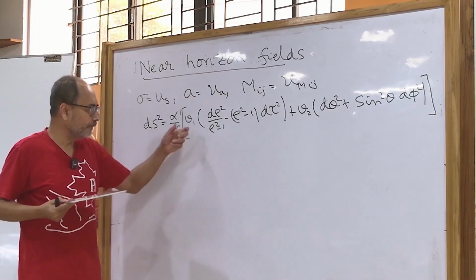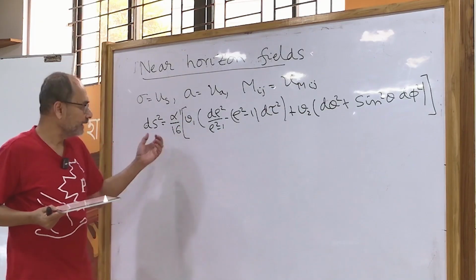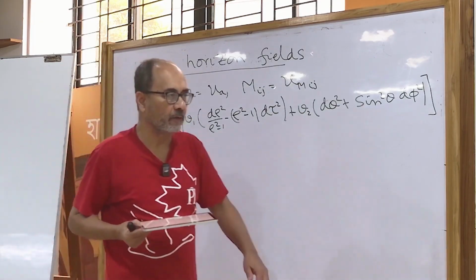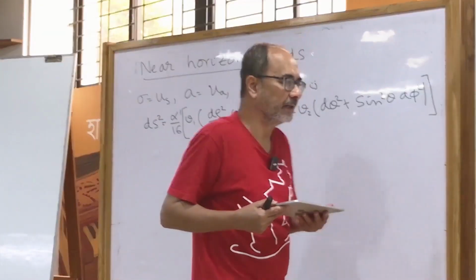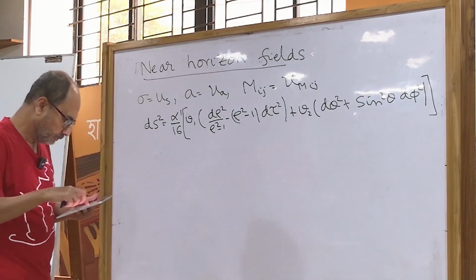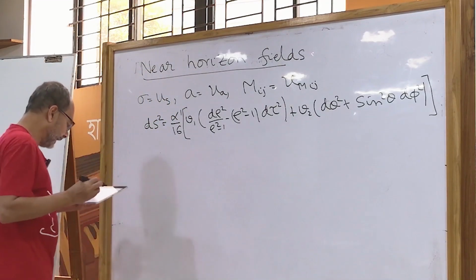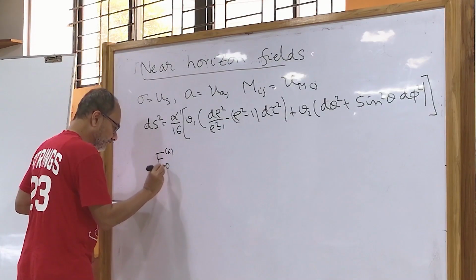It was not necessary. I could have absorbed it into the definition of UR and T2. But it's just convenient to keep it here, just to cancel off this 1 over 2 pi alpha prime that we see in the expression for the Lagrangian density. And then for gauge fields, we take the general ansatz F i theta phi.